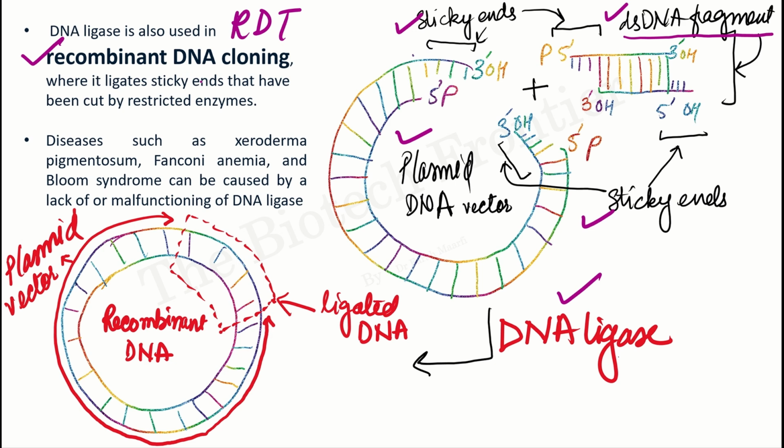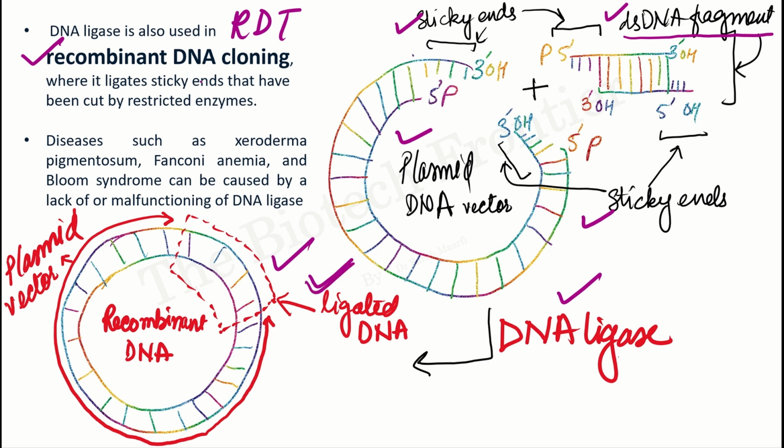In this way you can produce the recombinant DNA where the plasmid vector of the bacteria carries the double-stranded fragment of human DNA. Hence you can easily make multiple copies of this recombinant DNA. Recombinant DNA here carries a part of the ligated DNA, that is the DNA from the human.